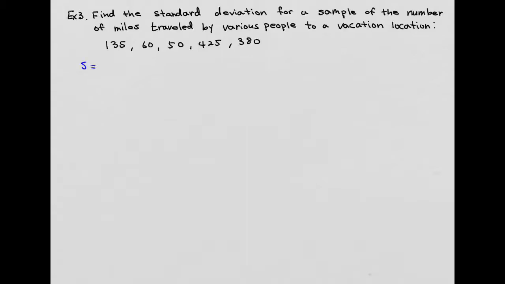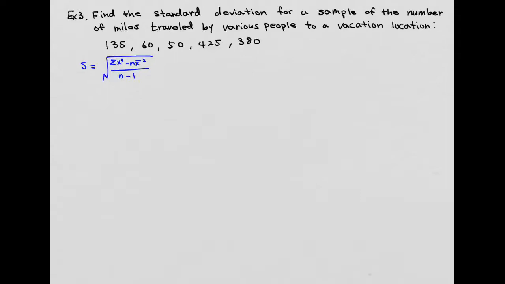Since it looks like I have a small number of data, I only have 5, that's going to be the square root of the summation of data squared, then minus n times mean squared, over n minus 1.